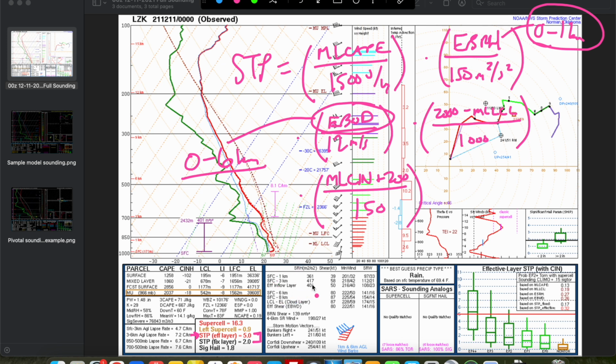The effective inflow layer SRH is different than the 0 to 1 kilometer SRH. The effective bulk wind difference is going to be a little bit different than your 0 to 6 kilometer shear usually. So you can see how some differences apply there. The effective layer one is a little bit more accurate because we do kind of look at the effective inflow layer SRH and the effective bulk wind difference, and those kind of modulate supercells and tornadic supercells a little bit better than a fixed layer.